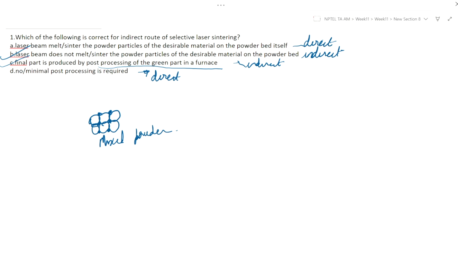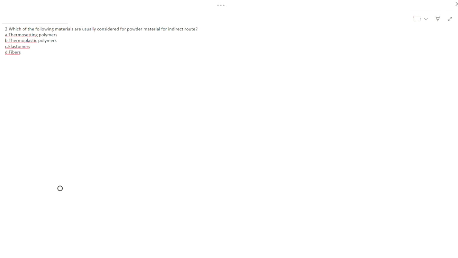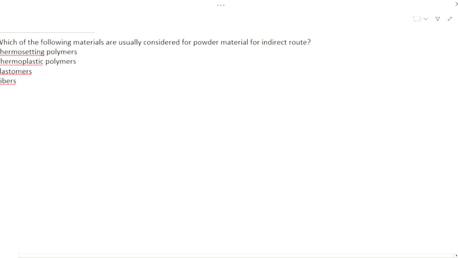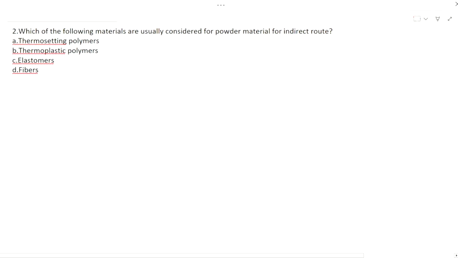Next question. Which of the following are usually considered for powder material for the indirect route? We just covered this now. Thermosetting and thermoplastic we all know. What is a thermoplastic?